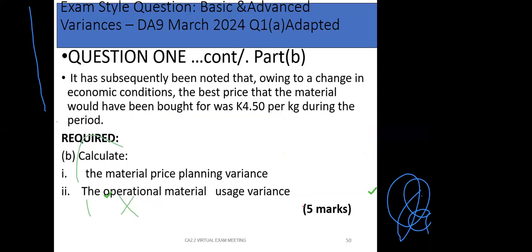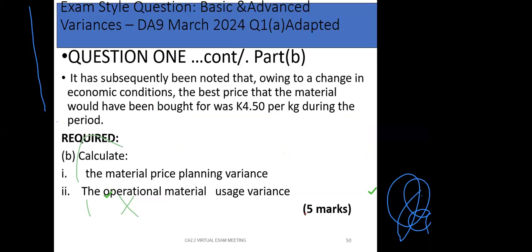The question continues. It has subsequently been noted that owing to change in economic conditions, the best price that the material would have been bought for was... So when you have such language, with the benefit of hindsight, the realistic price should have been, the best price that the material will have, it's now telling you that that's revised.